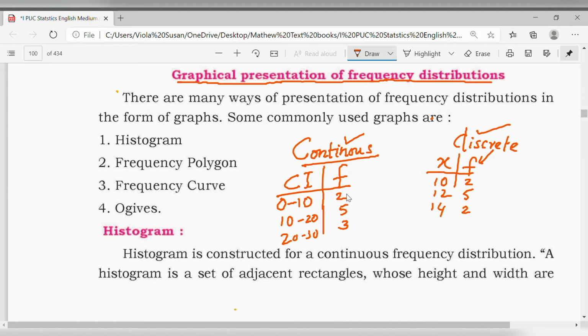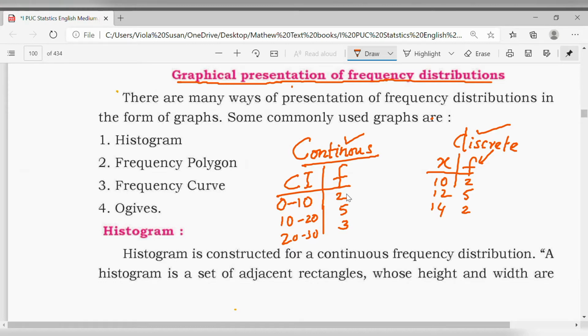That's the reason why the title has been given as graphical presentation of frequency distribution. Otherwise, they could have mentioned graphical presentation of any numerical data, but when they mention frequency distribution, you should understand it's only about frequency distribution. That's it.